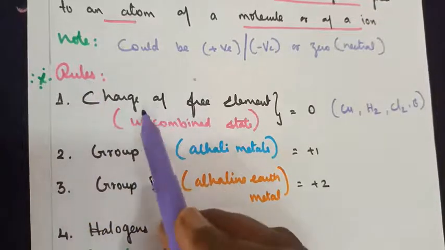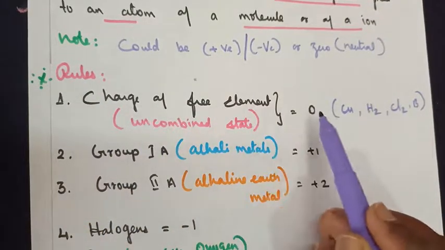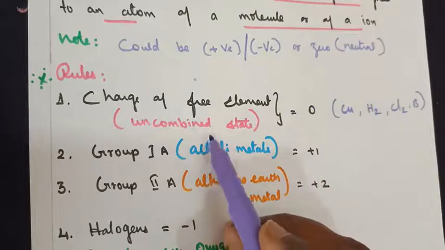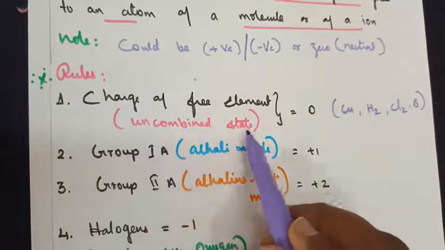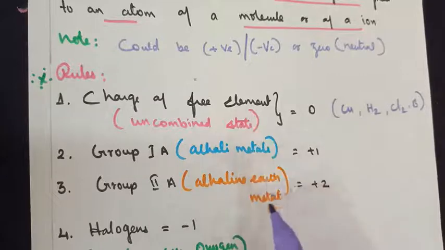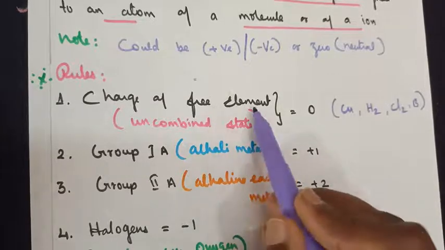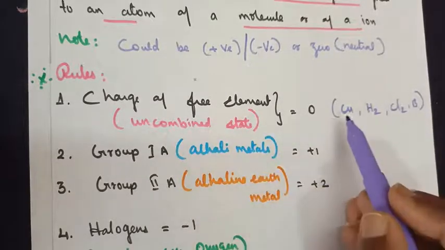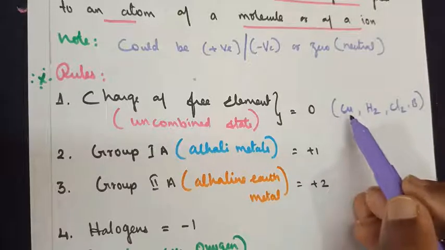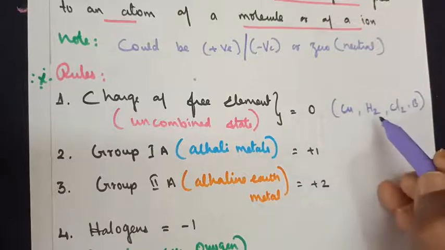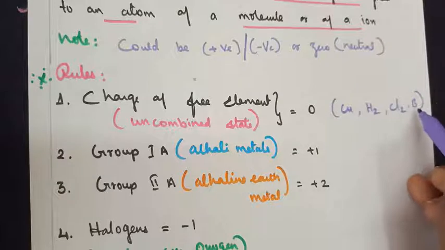Rule number 1: the charge of a free element is always zero, or you can also say the charge of the uncombined state of the element. Now what's the meaning of free element or uncombined state? Look at the examples that I have written. Copper, Cu is the representation. Hydrogen, chlorine, boron.